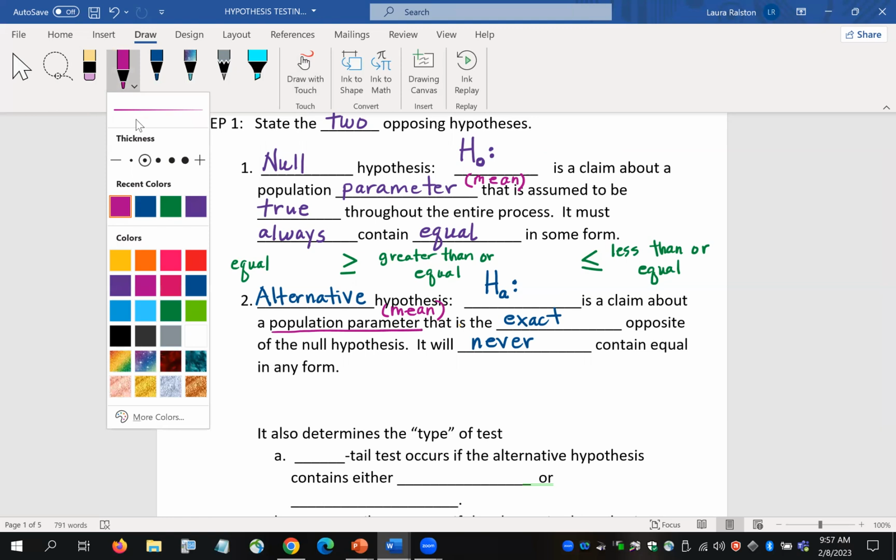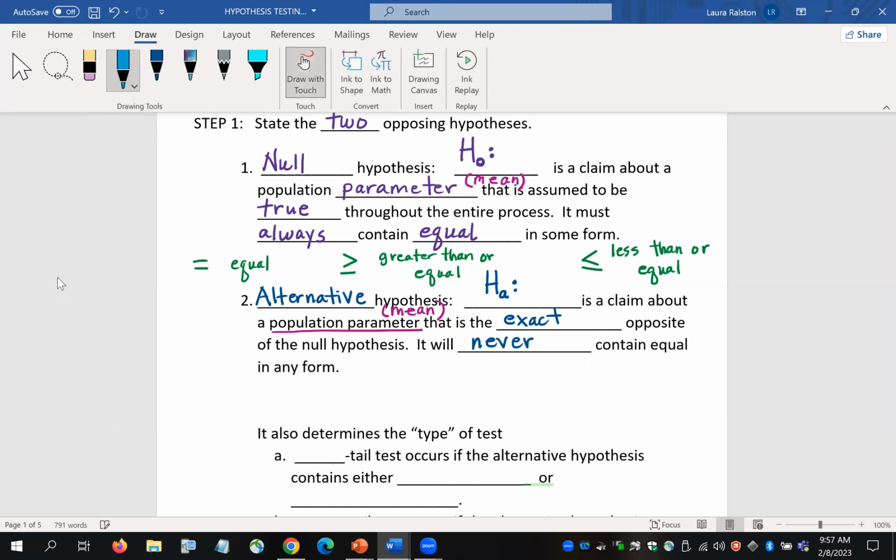The math symbols that you could see in the alternative would be not equal, it could be less than, or it could be greater than. And they're paired up that way.